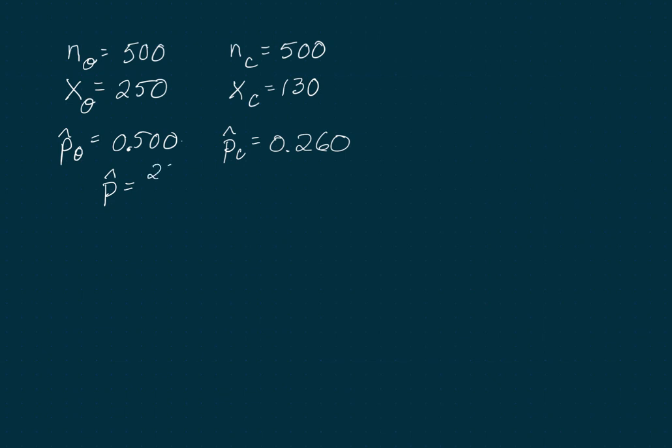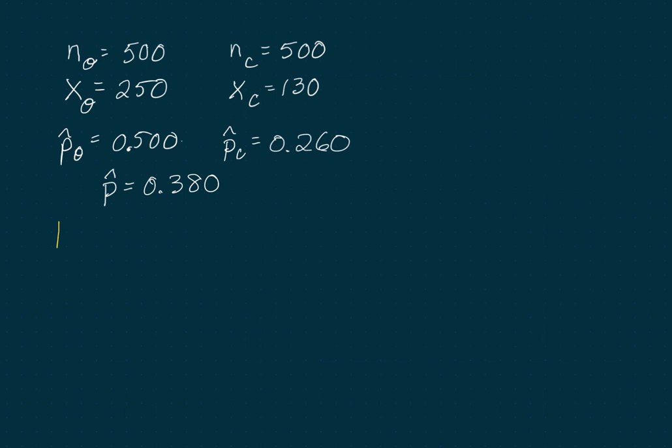In other words, how many fruit flies in total from both groups survived more than 20 days, and then we divide that by the total number in the groups, which is 500 times 2, or 500 plus 500, or at any rate 1,000. So our pooled proportion is going to equal 0.380.